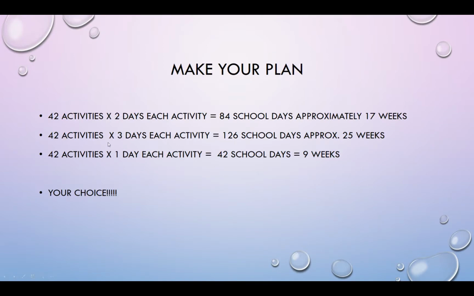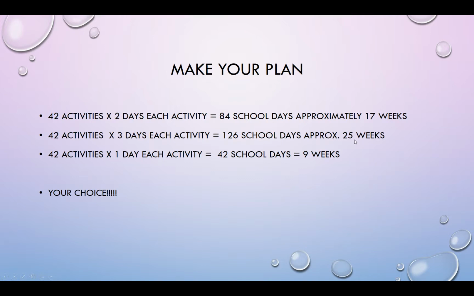Let's check this out. If you do 42 activities and you take 2 days for each activity, it's going to take you 84 school days, or approximately 17 weeks. Now take note, there are 36 weeks of school. If you have 42 activities and you do 3 days for each activity, that's 126 school days.